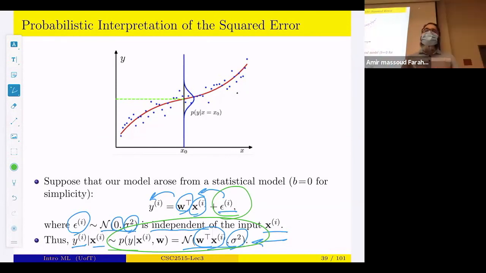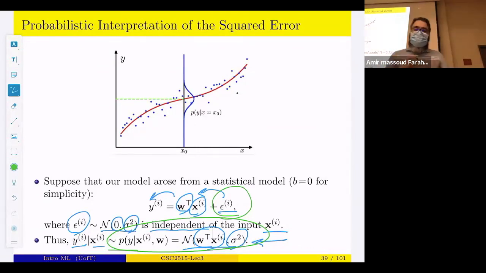That's true. Gaussian noise appears a lot in nature, and that's why the Gaussian noise assumption is reasonable. But it is true that, based on this assumption, we got this result. If our noise assumption was something different, we might get different results.